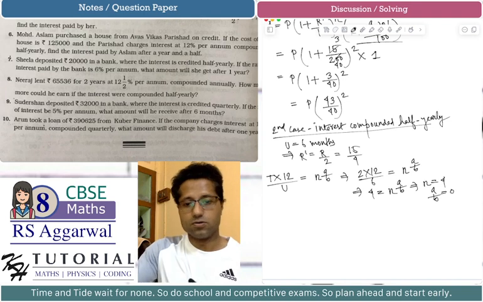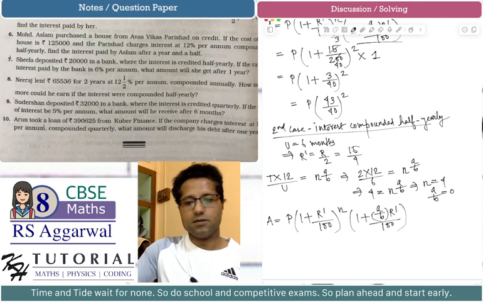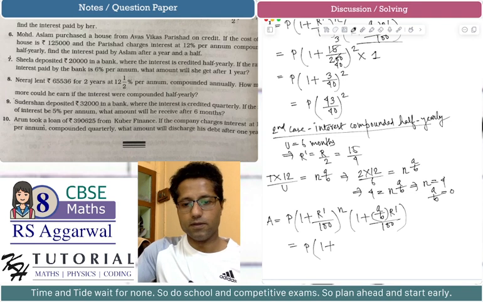Now the amount becomes, the general formula is P multiplied by 1 plus R dash by 100 to the power small n multiplied by 1 plus the fraction a by b R dash by 100. This is equal to P multiplied by 1 plus R dash, which is 15 by 4, so 15 by 400.